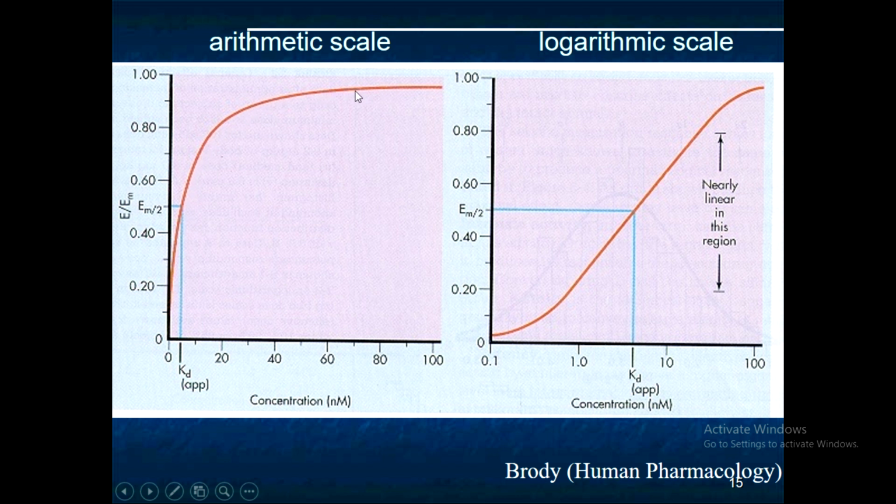It will get to a point where it will flatten such that even if you move the concentration from 80 to 100, the curve will still be flat. So if the effect is at 0.9, it will still be there. Even if you increase the concentration up to 1000, it will still be at 0.9 effect because all the receptors are occupied.